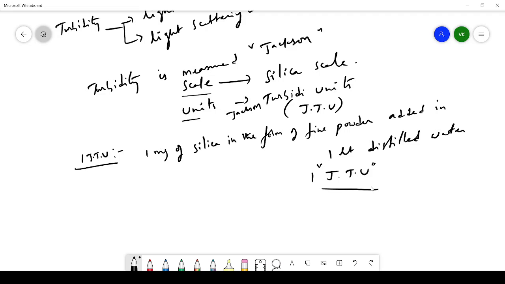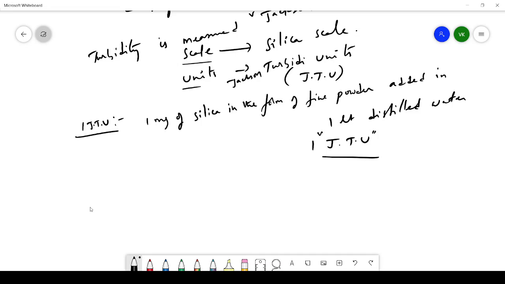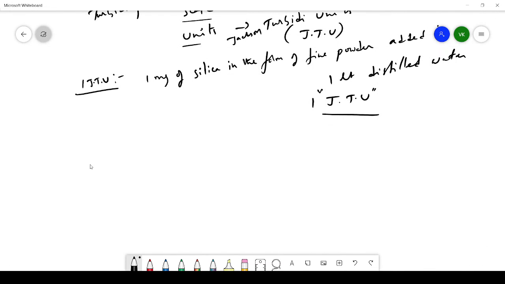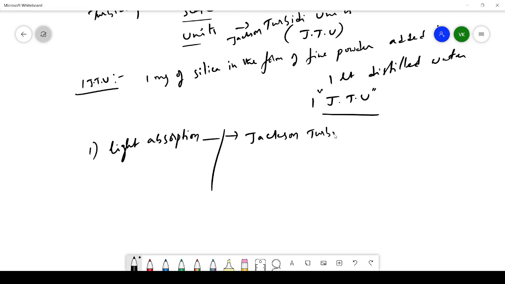Now let us see what are the different types of devices available for measuring the turbidity. As I told you, the devices are manufactured based on two principles. First one is based on light absorption. Based on light absorption, we have different devices. First one is Jackson turbidity rod.